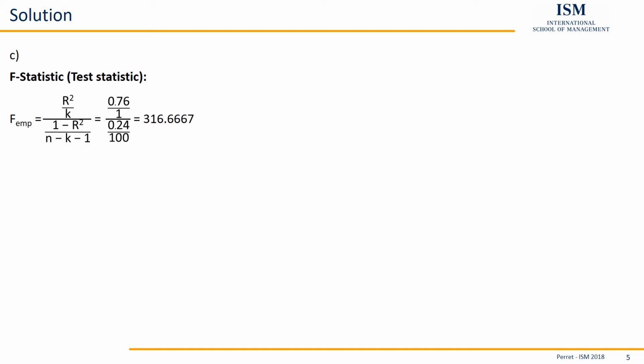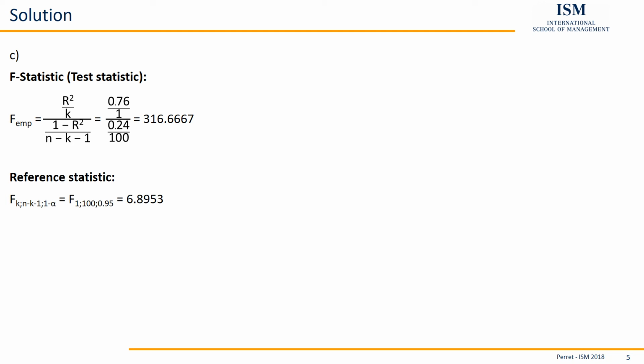So the only difference being the lowest denominator, the n minus k minus 1, becomes 100. This changes then our test statistic to 316.666 and so on.